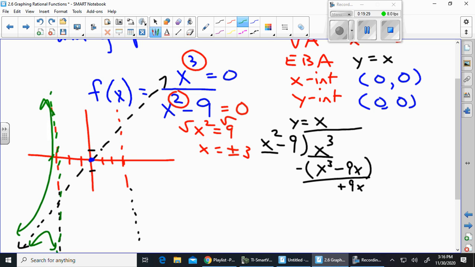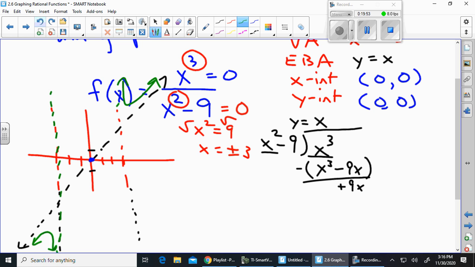Well, it can't be the top one because it can't cross through the x-axis. So it has to be something down there. Same thing to the right of 3. It's either here or there. It can't cross through there. So that means it has to be up there.